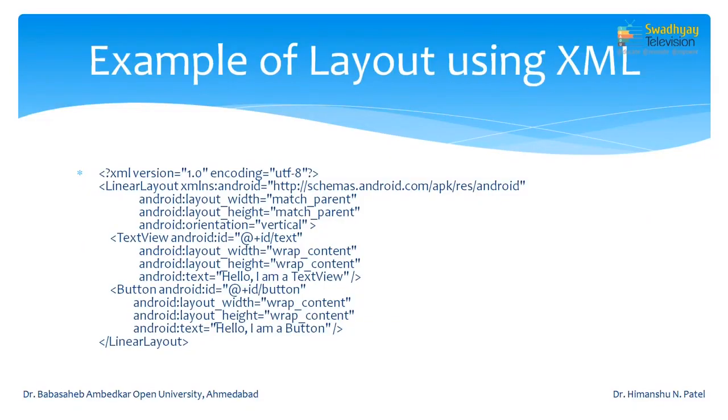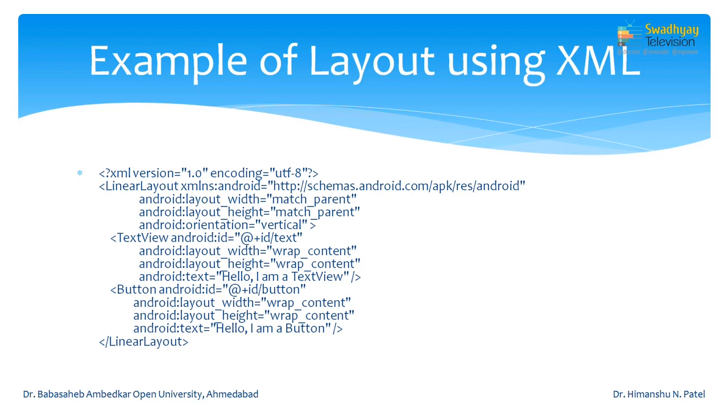Now, let us look at the XML file, and how to define your layout. Here you can see the first line specifies the XML version and the encoding, or character set, that we use to define our layout file, which is an XML file for our user interface. The topmost line specifies the layout.